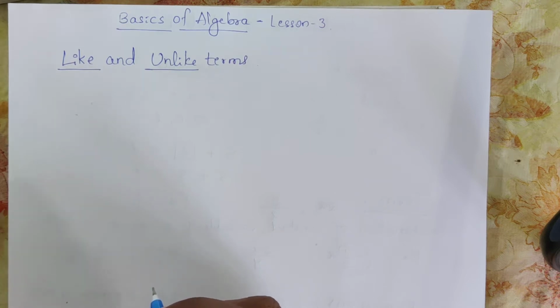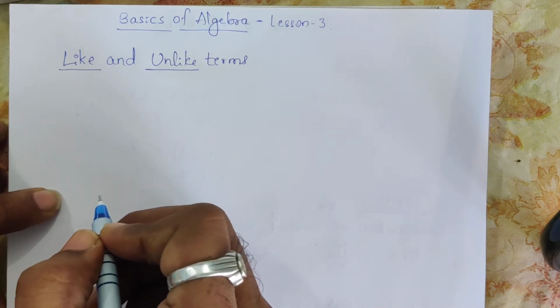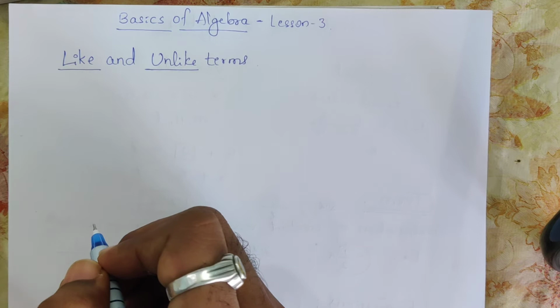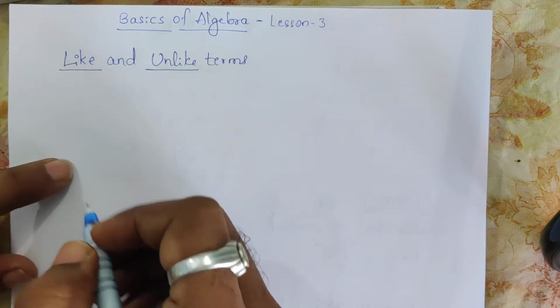Whenever you see like terms, they can be added. If they are unlike, we cannot add them. So let's take a few examples of like terms. Before that, like terms means the terms having the same variables.